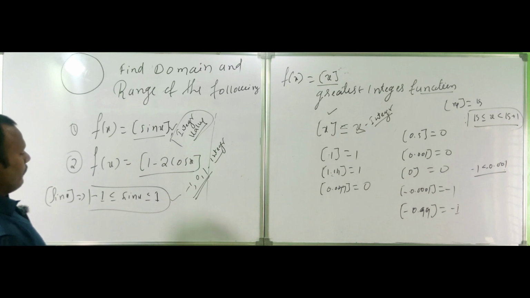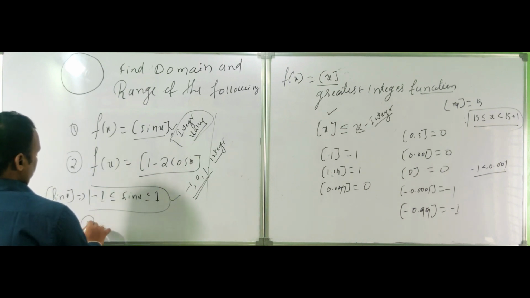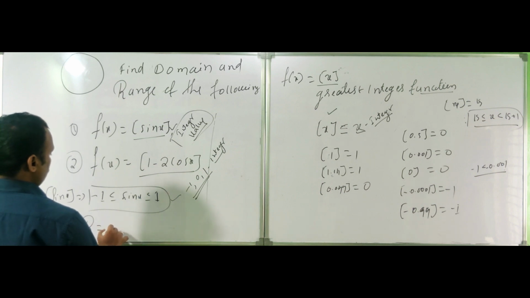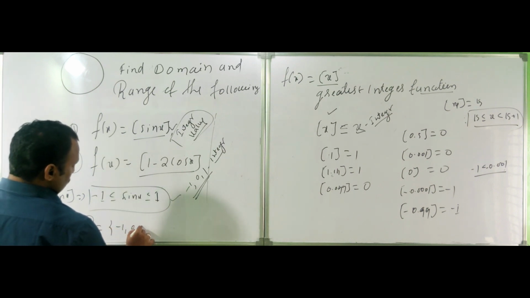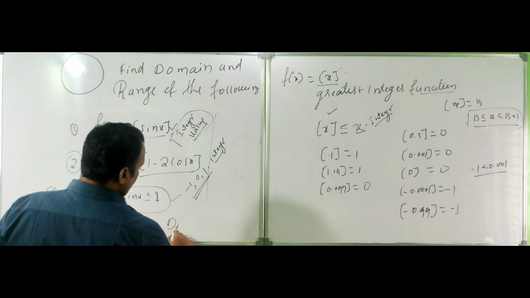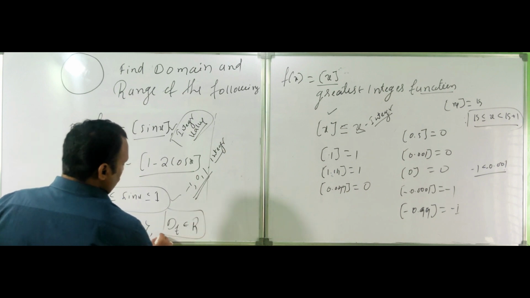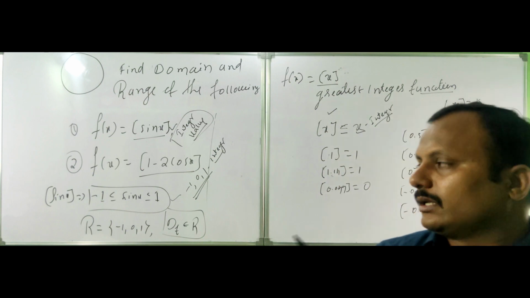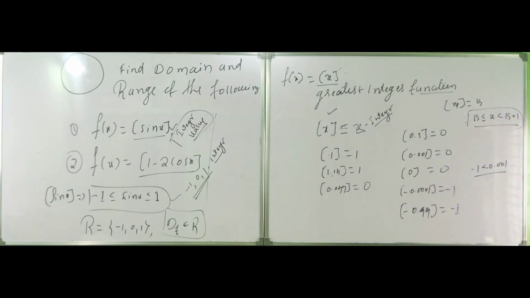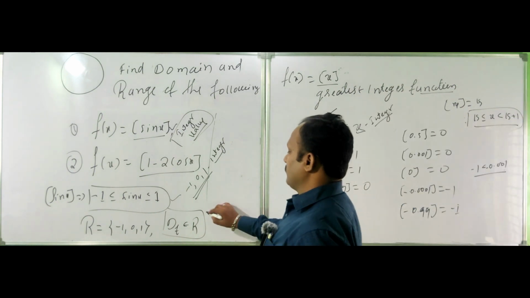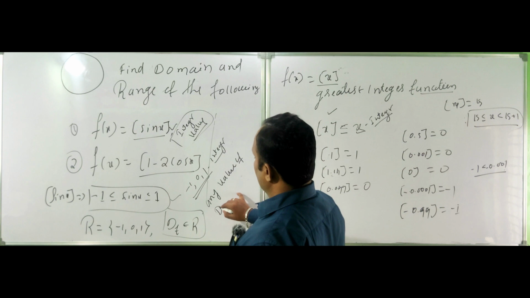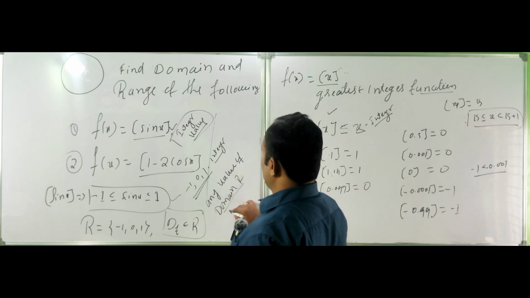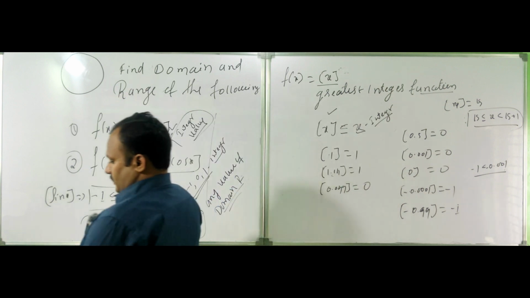So therefore, very important, the range of the greatest integer function of sin x is minus 1, 0, 1, for the domain of f belonging to R. For any value in R, the greatest integer function of sin x gives minus 1, 0, 1.